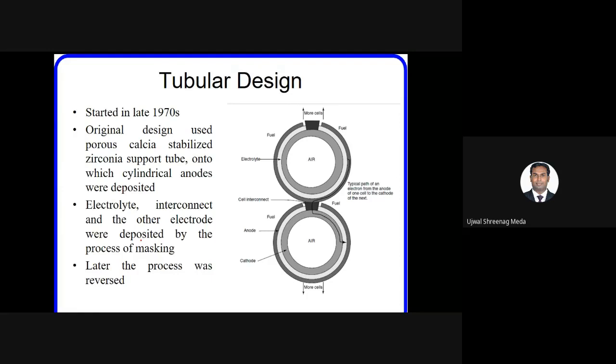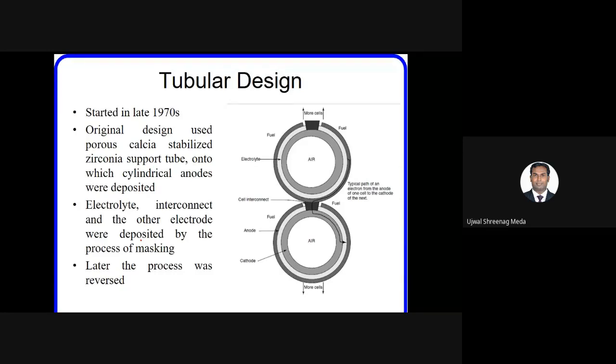The components, the electrodes, are casted in the form of the honeycomb, and that is the monolithic design. Third one is tubular design. Depending upon the application, the design is selected. Both planar and tubular designs are popular.